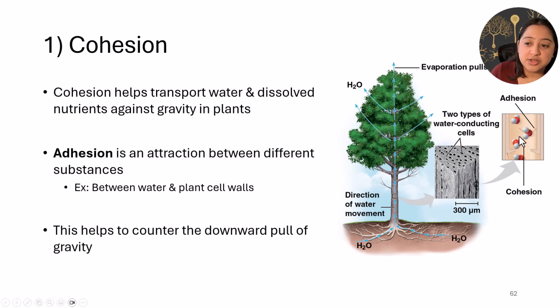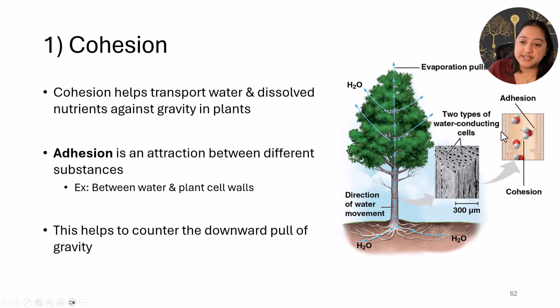And then there's also this phenomenon called adhesion, and adhesion is an attraction between different substances. So in this case, the water molecules and the plant cell walls. So cohesion is between similar things, between water. Adhesion is between one thing and a different thing, so water and the cell walls.